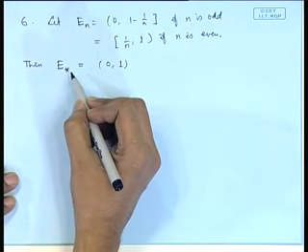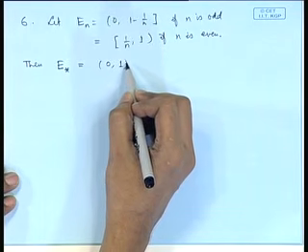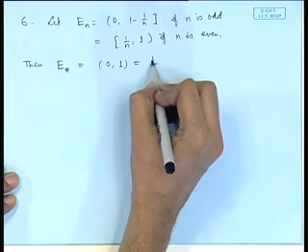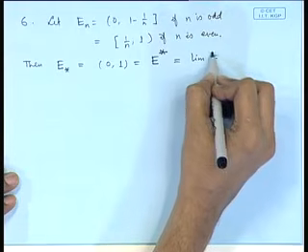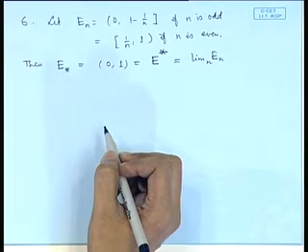Since it will belong to limit inferior, it will also belong to the limit superior, and limit superior cannot be bigger than the interval 0, 1. Therefore, it is also equal to limit superior, and therefore, the limit of the sequence exists, and it is the open interval 0 to 1.